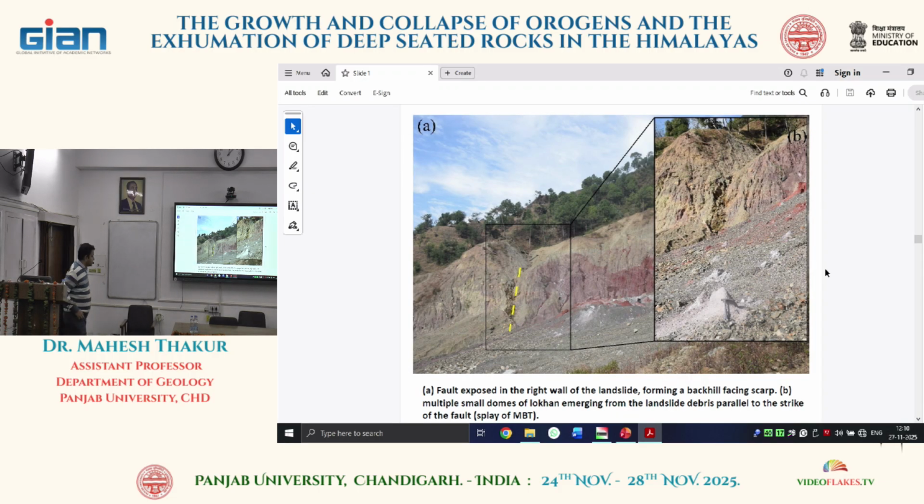So when we went into the field the first time, first of all, this is what we saw. This is my student Abhishek, and we saw that there is a dome-like structure coming out of the landslide body.